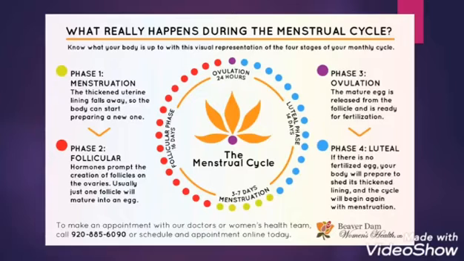The third phase is the ovulation, in which the mature egg is released from the follicle and is ready for fertilization. And finally, phase 4 is luteal, which means that if there is no fertilized egg, your body will prepare to shed its thickened lining, and the cycle will begin again with menstruation.